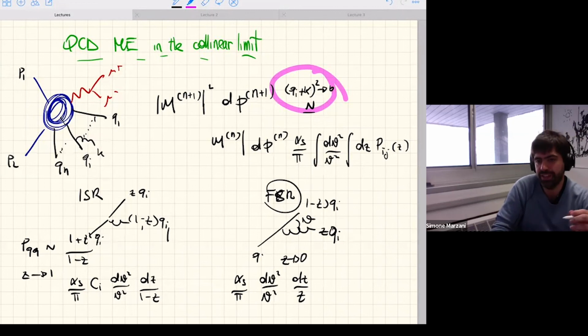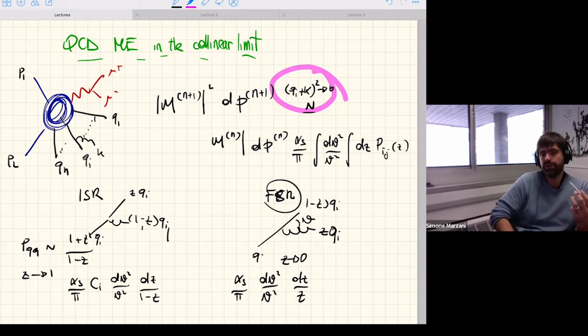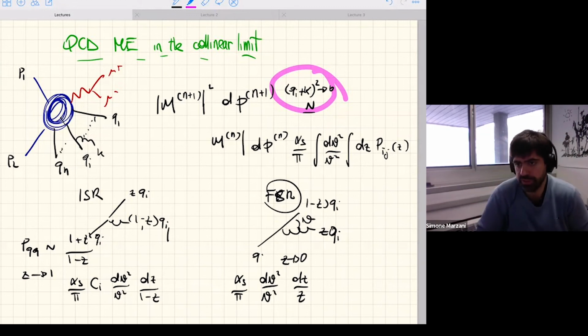Then I look at the opening angle. If you're looking at initial state emission, then the natural frame will be the lab frame, and this angle really will be the angle between the emission and the beams. If you look at the final state, then this angle is measured with respect to the jet axis, the direction of the emitter.